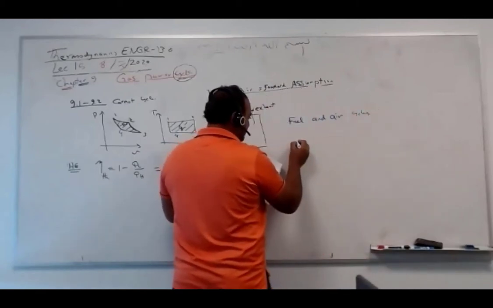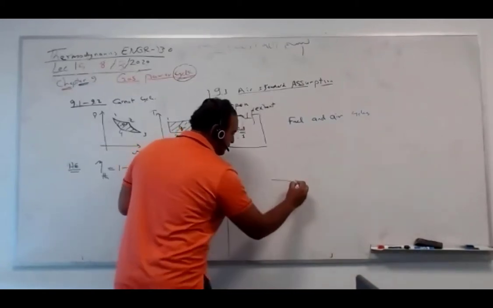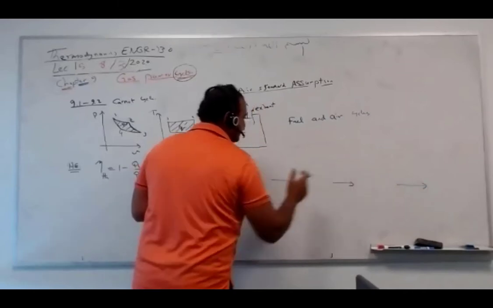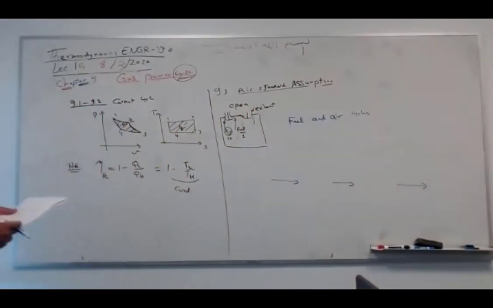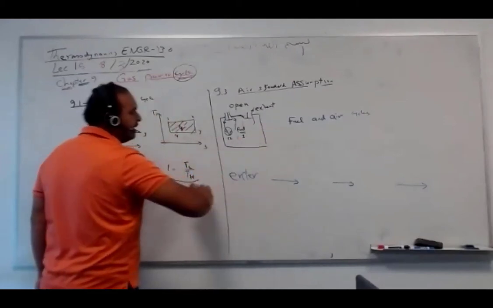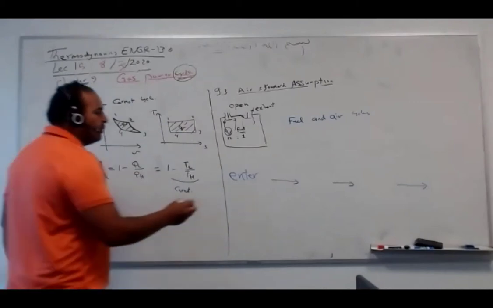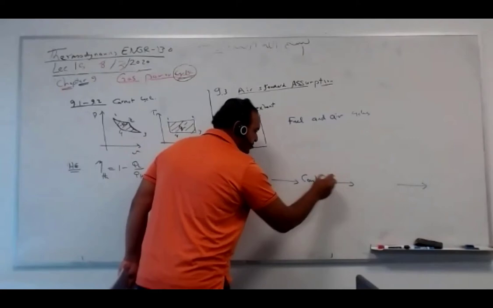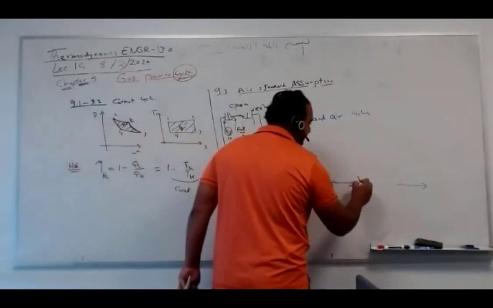first, let me draw it here. We have 4 stages. The first one: the fuel and the air enter the engine. Then we have combustion in a chamber, like a boiler, and then we have the power.